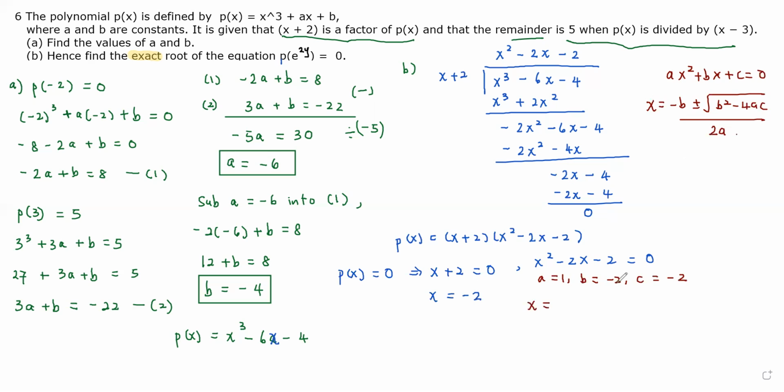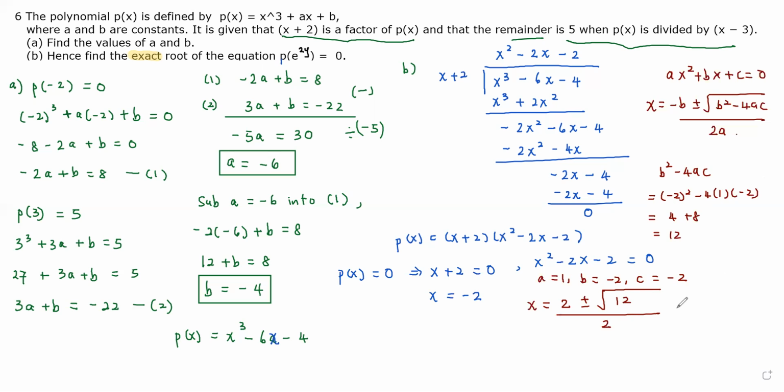Then x here is negative b. Negative of negative 2 is 2, plus or minus square root of b squared minus 4ac. That will be negative 2 squared minus 4 times 1 times negative 2. So it is 4 plus 8. So we have a 12 here, all over 2a, that would be 2.